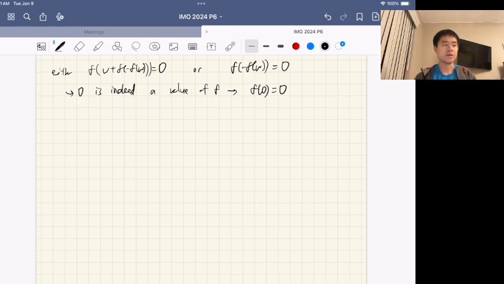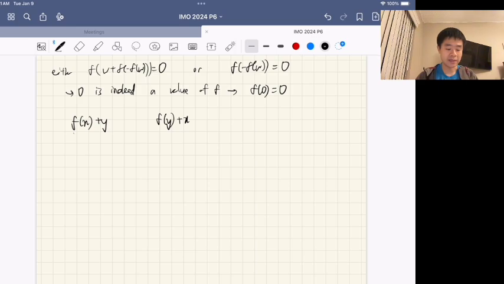All right. Now how can we efficiently plug things back? Now think of this. We have f(x) plus y, and then f(y) plus x. Think of what happens if one of them is 0, right?